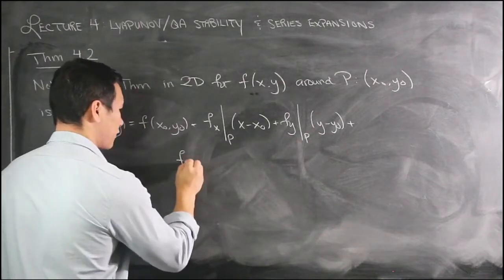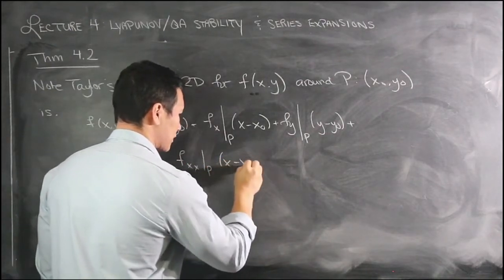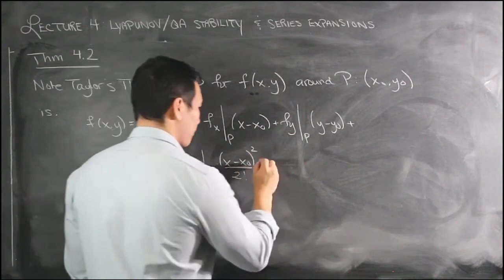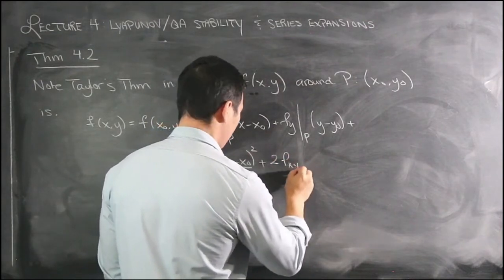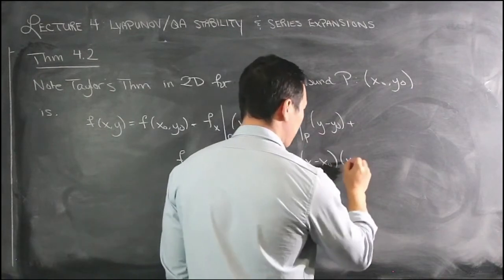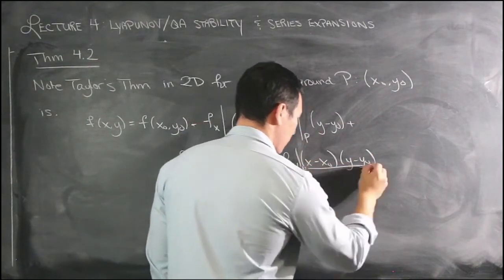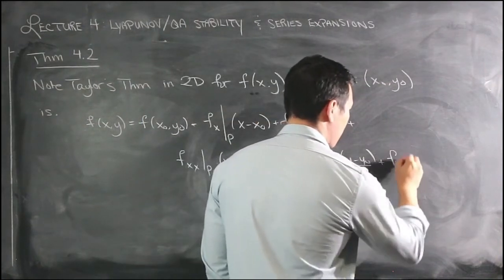You're going to have an f xx at P times x minus x naught squared over 2 factorial, plus it's 2 times f xy, x minus x naught, y minus y naught, evaluated at P over 2 factorial, plus the symmetric component.